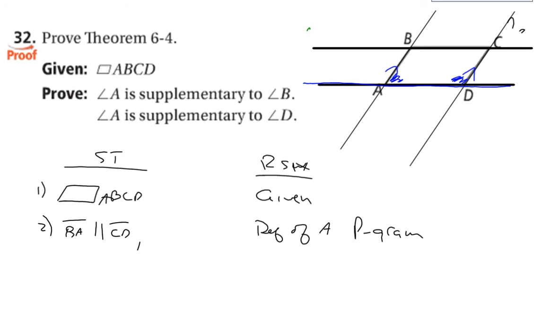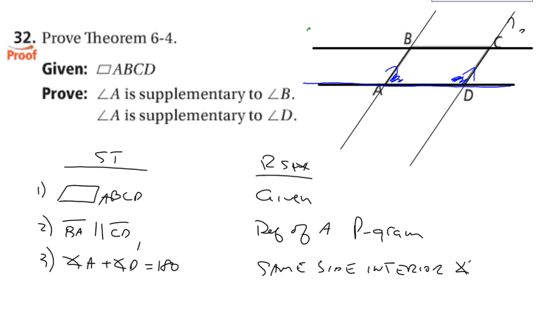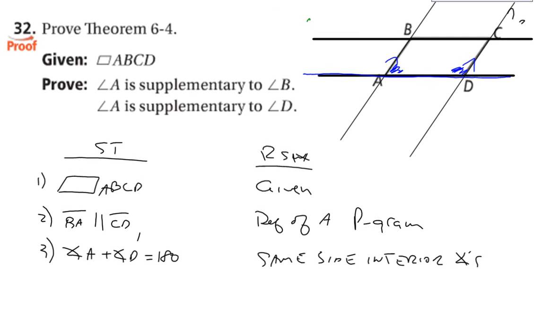So statement 3: angle A plus angle D is equal to 180. Why? Because they are same side interior angles.